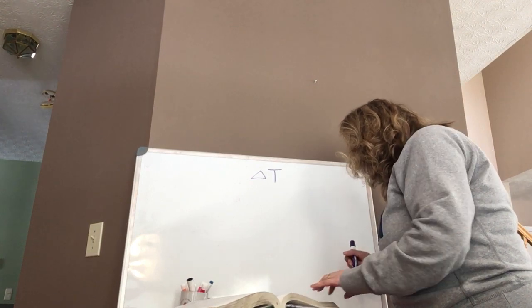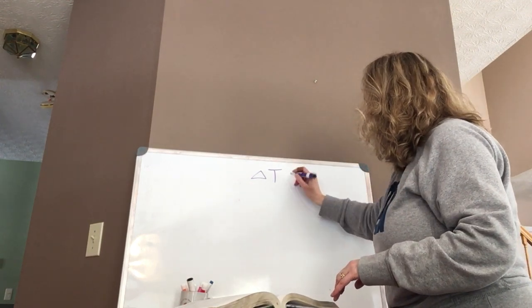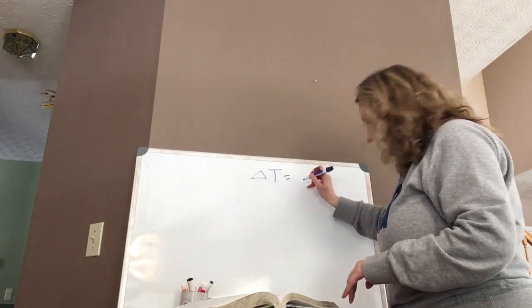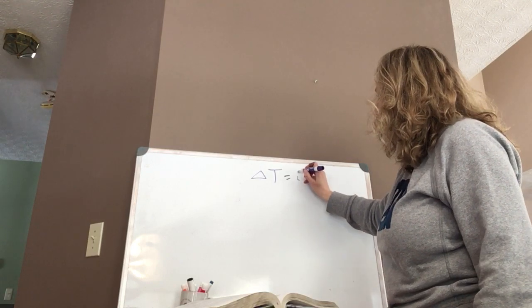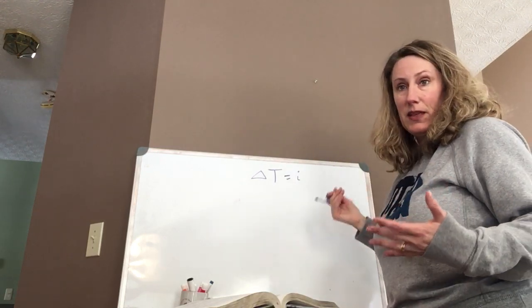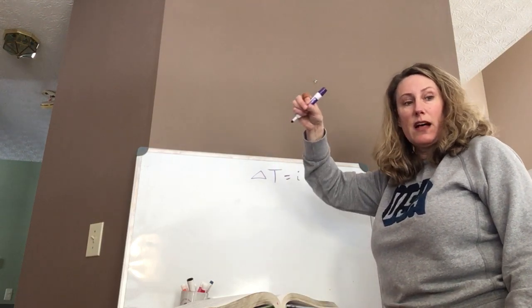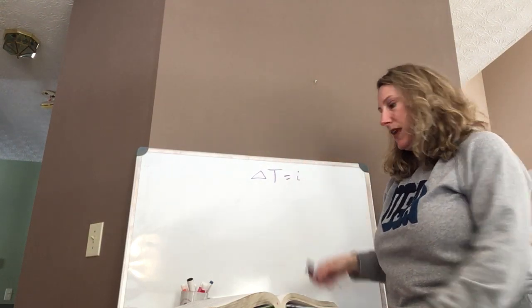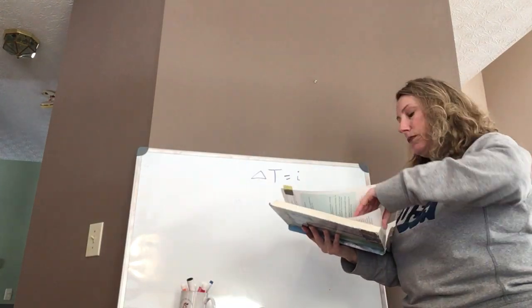The freezing point depression is based on this letter called i. It's how many ions something can break into. When I put a solute into a solvent, remember we had this picture last time. It's better than me trying to draw it.